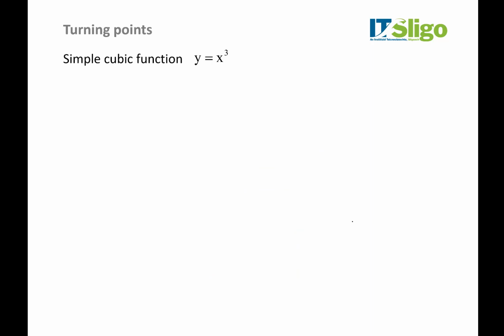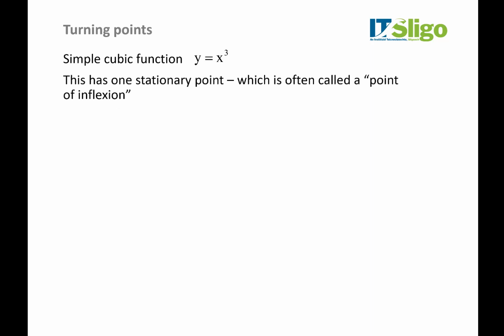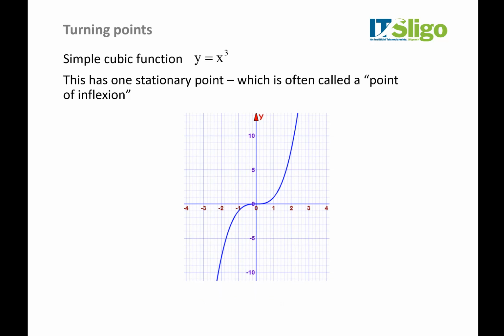Then we have a simple cubic function. This is where we just have an x cubed term. It might have a constant as well, but there's only one x term, and obviously that has to be cubed for it to be a cubic function. These are the type of ones we would encounter most commonly in science. This has one stationary point. It is a turning point, and this is often called a point of inflection, and this is it here.